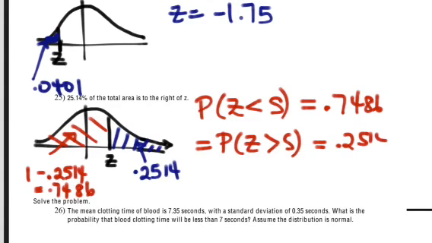Does that make sense? The probability of being less than this number is 0.7486, and consequently the probability of being greater than that number is 0.2514. I shouldn't say equals, but they mean the same thing.